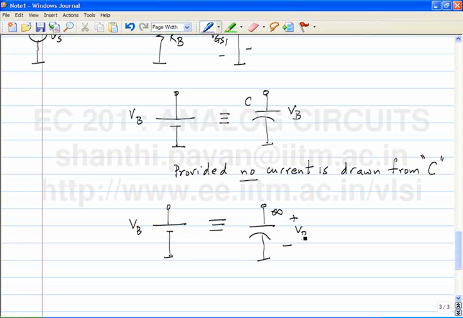So if the value of the capacitance is infinite, then the change in voltage is 0. In other words, an infinitely big capacitor is absolutely indistinguishable from a battery, because whatever current you draw or pump into the capacitor, the voltage is not changing at all.